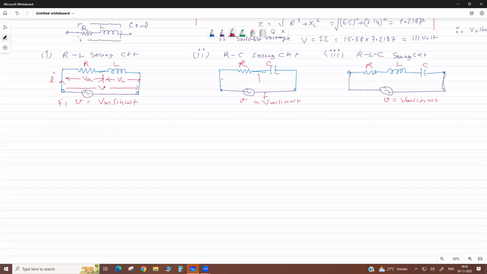Same here, due to this current there is a voltage across R, voltage across C, and the total is the source voltage. Same here, due to current, there is a voltage across R, across L, and across C.